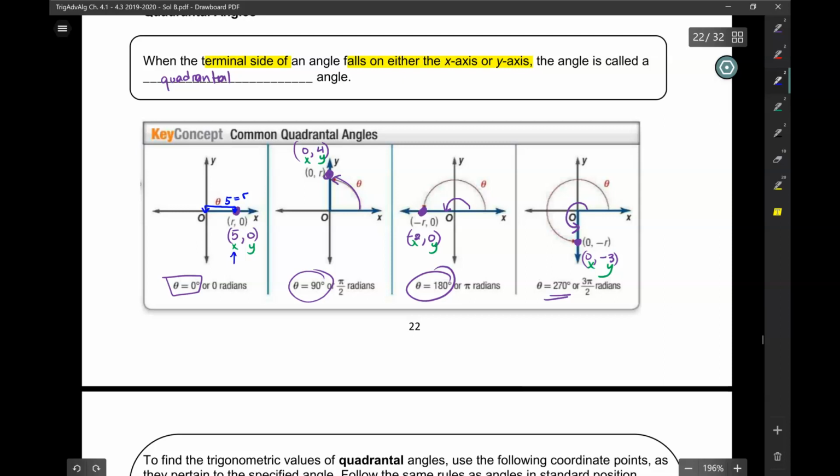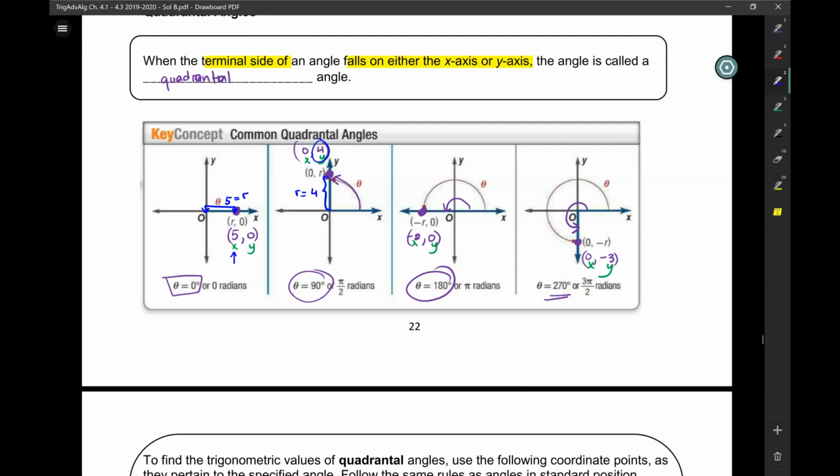Well, look at 0, 4. How far is that from the origin? How far up do I need to go to reach that point? 4. So r here is just 4. Oh, look, it's just that point. All right, so I could do this for the other two examples too, but I think you guys get the picture.